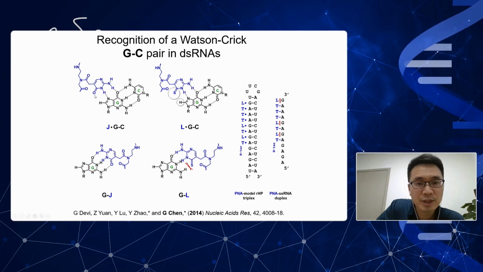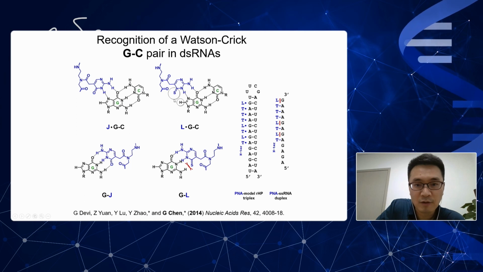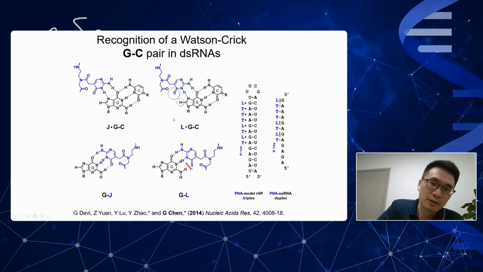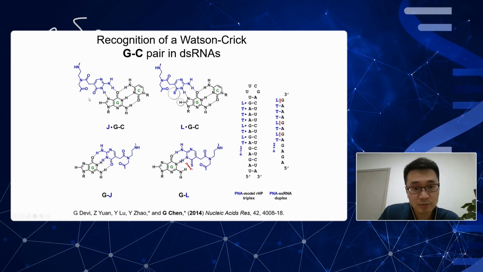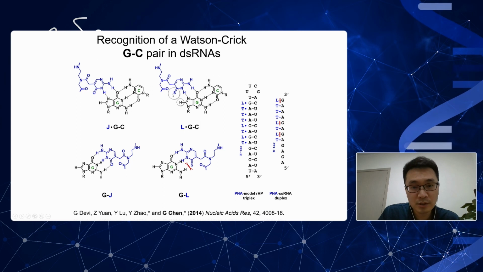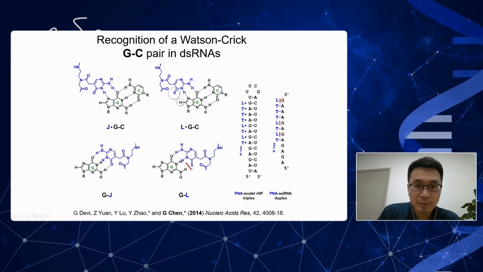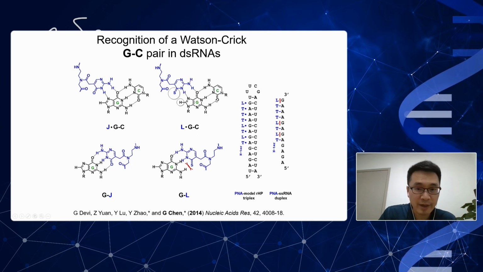We simply changed the oxygen in the J base into sulfur in the L base, just like the 2-thio U base. By changing the oxygen to sulfur, we can enhance the van der Waals contact between this L base and the G base in the GC pair.